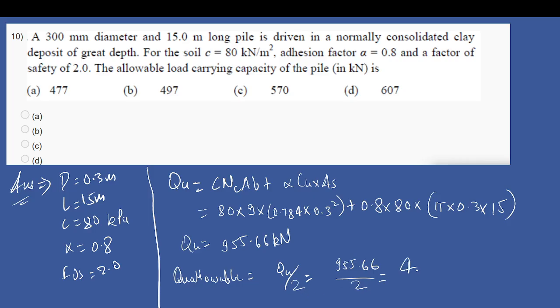It's 477.83. Yes, so it's closer to 477 kilonewton. Yeah, so it was straightforward. Let's move to the next question.